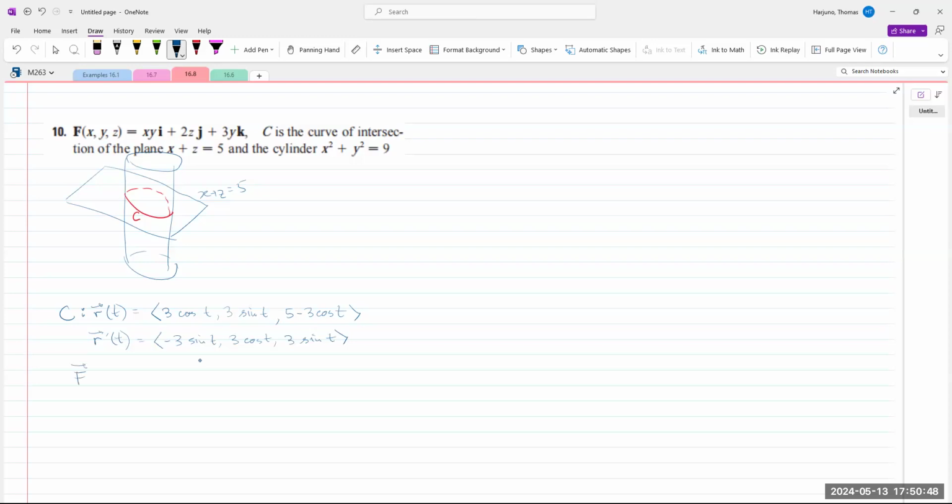The vector field F on that curve will be xy, 9 sine t cosine t, 2z, so 10 minus 6 cosine t, and 3y, 9 sine t.